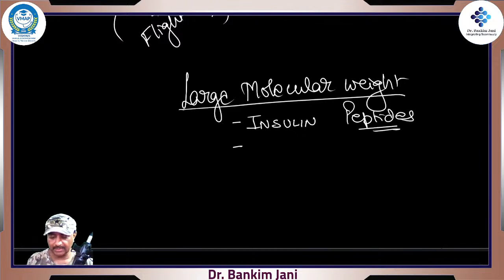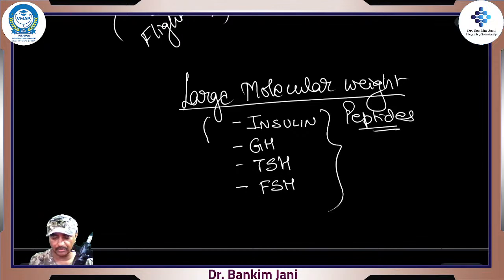Then the rest, right from the top, all the way: growth hormone, then the thyroid stimulating hormone, and then all the way to the lower hormones like follicle stimulating hormone in ovaries, etc. All those female hormones. So they are all large molecular weight.